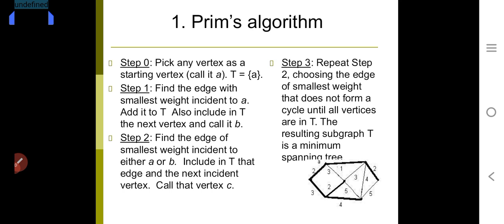At last we find the minimal spanning tree. That means the spanning tree has the minimum weight, and it is called the minimal spanning tree.